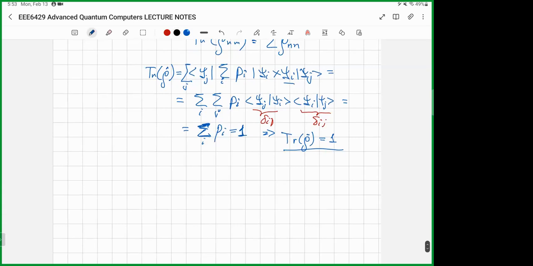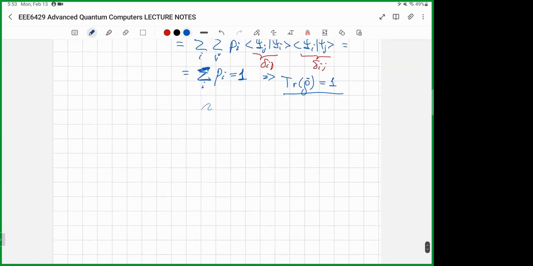It's very easy to show, because rho is equal to the sum of p_i |psi_i><psi_i|, and when I take the square of this, it is nothing but two sums over i and j, and then I have p_i p_j.